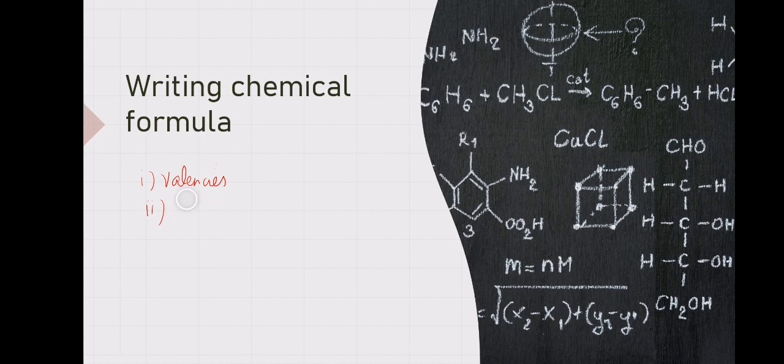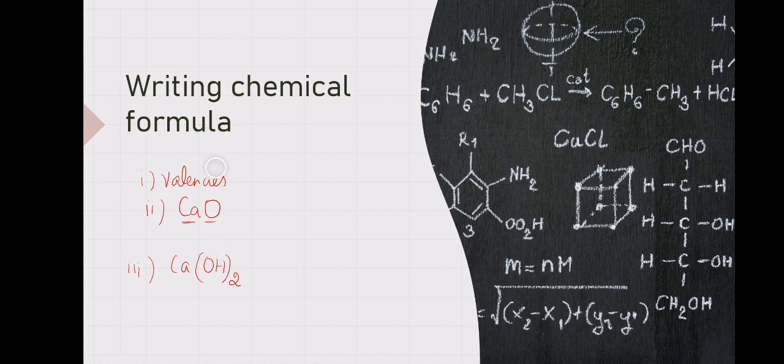For example, in calcium oxide, calcium is the metal, whereas oxygen is the non-metal. Third, when a compound is formed with polyatomic ions, the ion is enclosed in a bracket. For example, for calcium hydroxide, we write Ca(OH)2. Here OH is the hydroxide ion, which is a polyatomic ion. So such ions must be written inside a bracket.